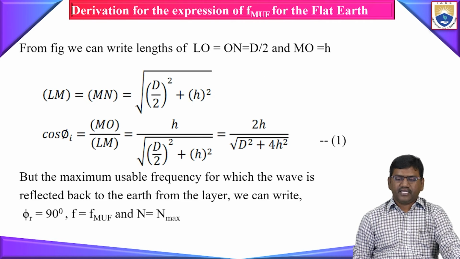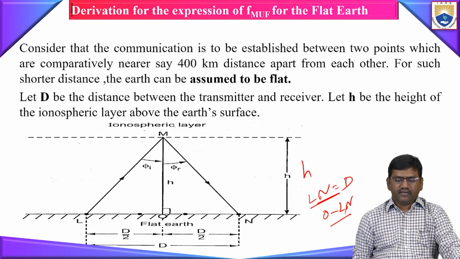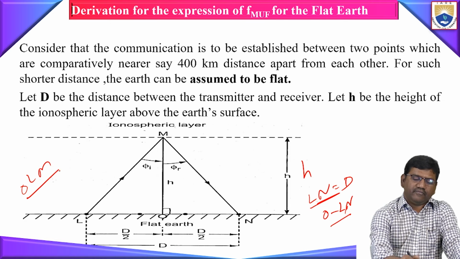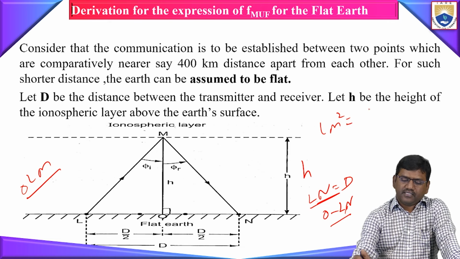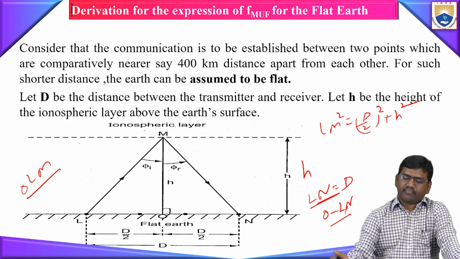So from the figure we can write LO is equal to ON is equal to D by 2 and MO is equal to h. This is the height here. From the Pythagoras theorem, from this triangle OLM, we can write LM square is equal to D by 2 whole square plus h square.